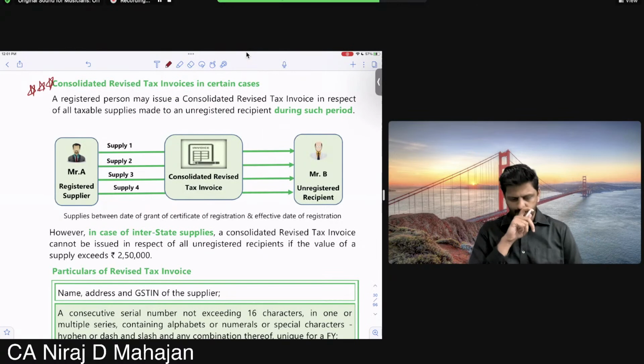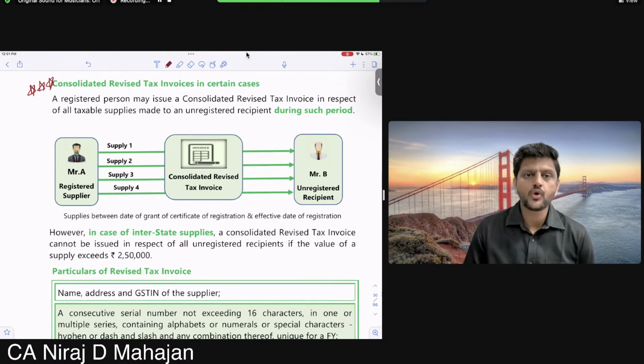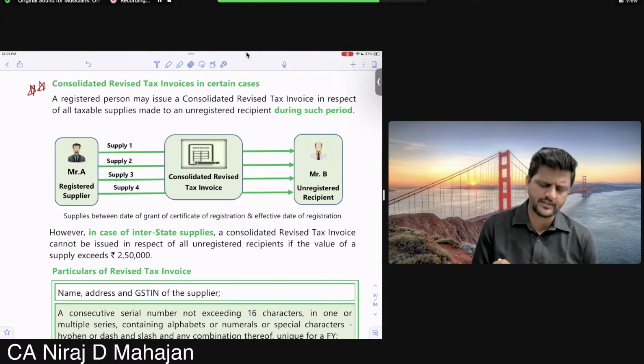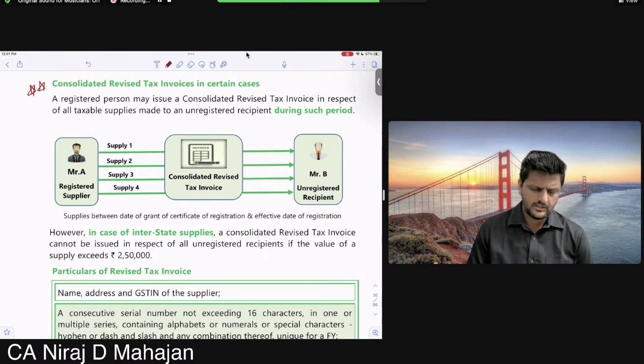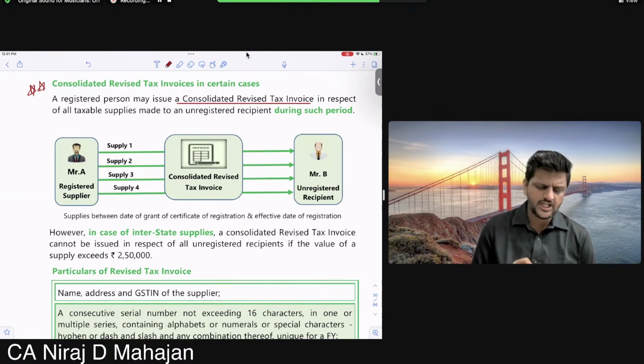A question is asked on this. Consolidated revised tax invoices. In certain cases, a registered person may issue a consolidated revised tax invoice in respect of all taxable supplies made to an URD during such period.